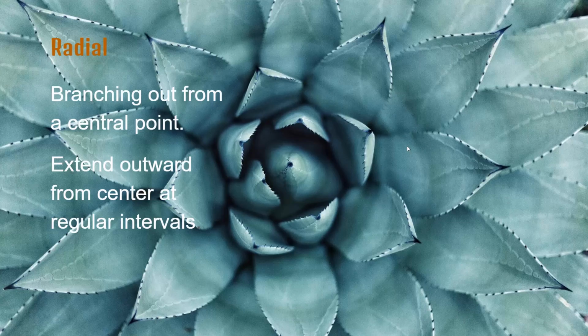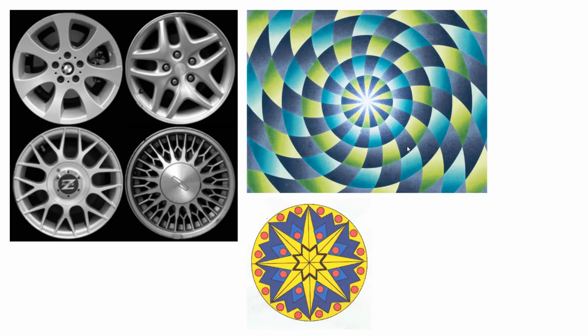Radial is another option, and we know radial is something circular, and it's basically your motif branching out from some kind of a central axis at regular intervals. Nothing is more radial than nature. Flowers, blossoms. We also think of cars.